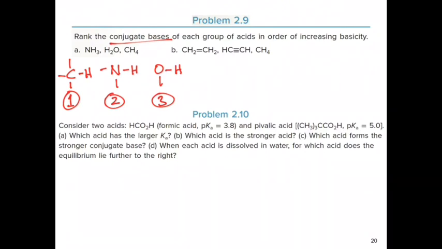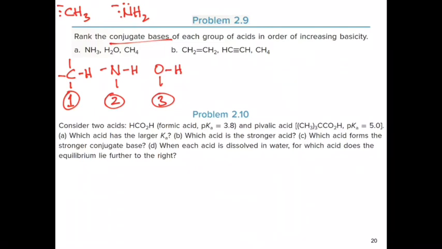So when you look at their conjugate bases, the first one, the CH4 methane, would have a conjugate base that looks something like this, with a negative charge on the carbon. For the ammonia, NH3, you just subtract 1 hydrogen from it, so it becomes NH2, and 2 lone pairs on the nitrogen with a negative charge.